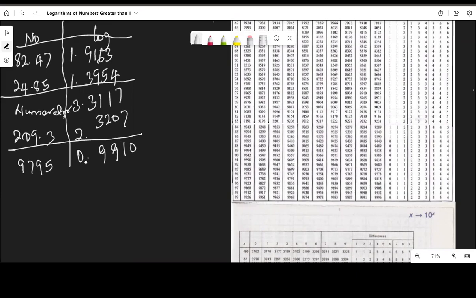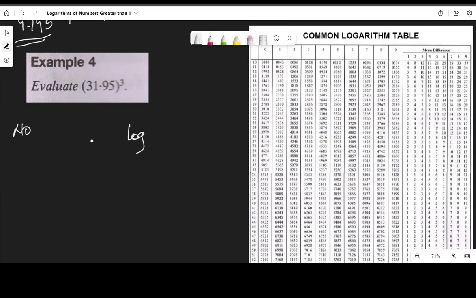So when we look for the antilog, we add 1. So 1 plus 0 is 1. Then we count our decimal point from the left-hand side. So here, since I have 1 here, I will count only 1 position. So that my answer is 9.795.